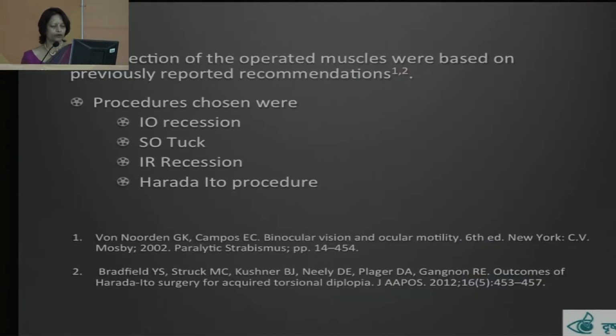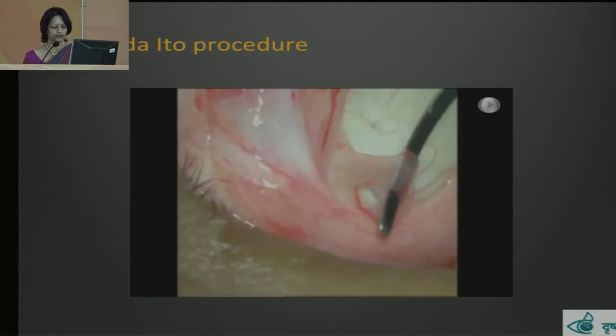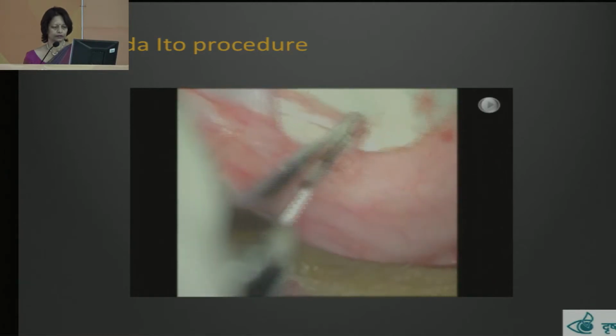The selection of the operated muscle and procedures were based on the recommendations, and the procedures chosen were, the most common was inferior oblique recession, tucking of superior oblique, inferior rectus recession, and Harada-Ito procedure. Here I would be showing a very small clip of the Harada-Ito procedure, because for the rest of the procedures it's not possible to show the clips.